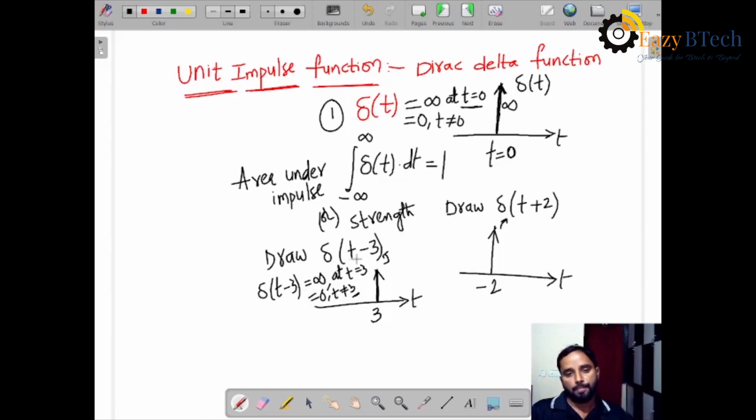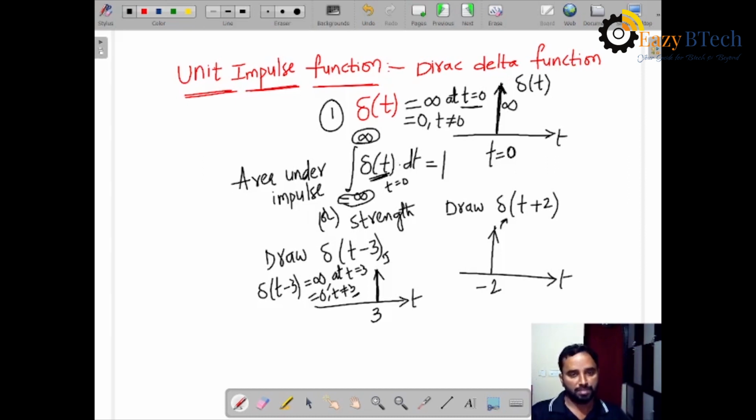Right? Area under the impulse is always 1. But here is one point I want to mention. The lower limit is minus infinity, the upper limit is plus infinity, and the impulse is at t equal to 0. So what this is saying is that the area under the impulse is equal to 1 if and only if the impulse lies between the lower and upper limits.